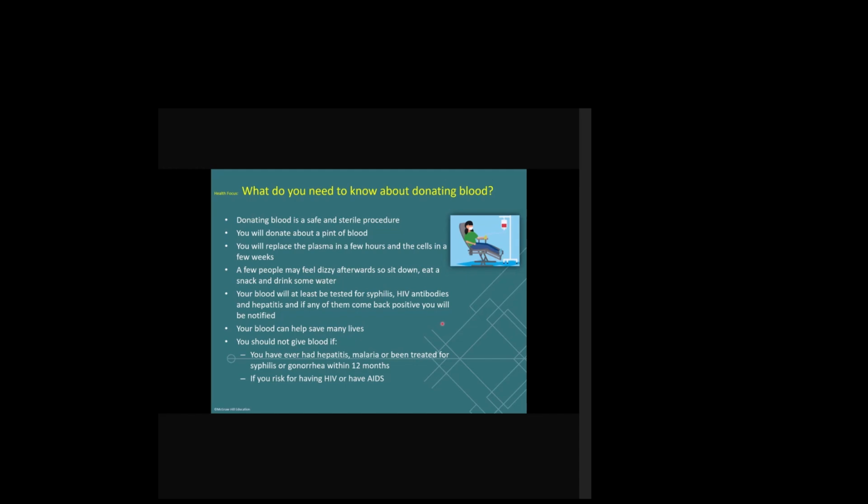But I said the one thing that you also benefit from, besides doing an altruistic thing to help other people who might need blood, is that when they take your blood, before they give it to somebody, they have to test it, to test for blood type and for pathogens. The good thing is that a pathogen is something that causes disease, right?